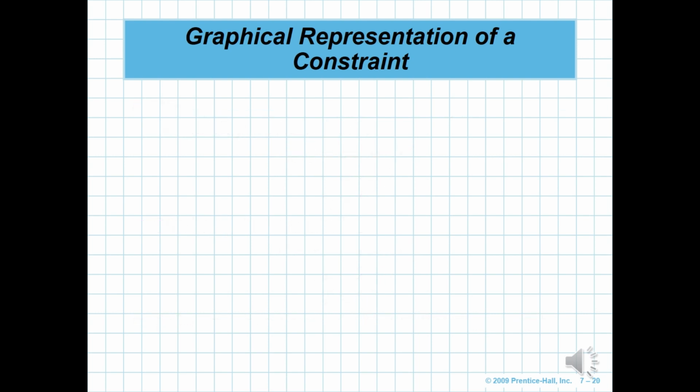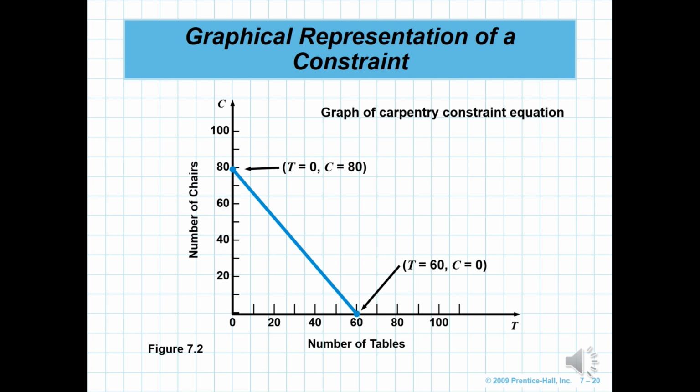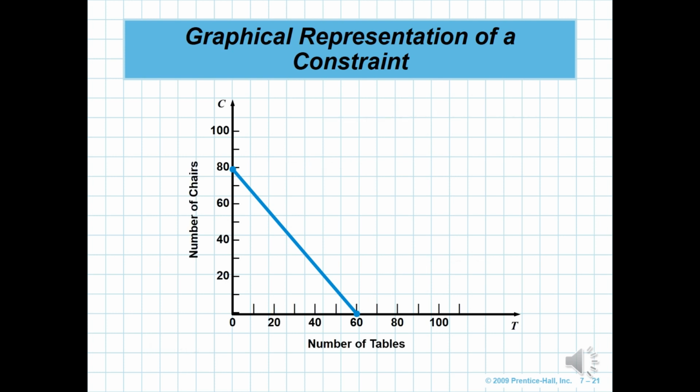So we can plot the points here, 0 and 60 and 0 and 80, and we have one line. If we produce 0 chairs, the total number of tables that can be produced is 60. And if our decision is to produce 0 tables, we can produce 80 chairs.